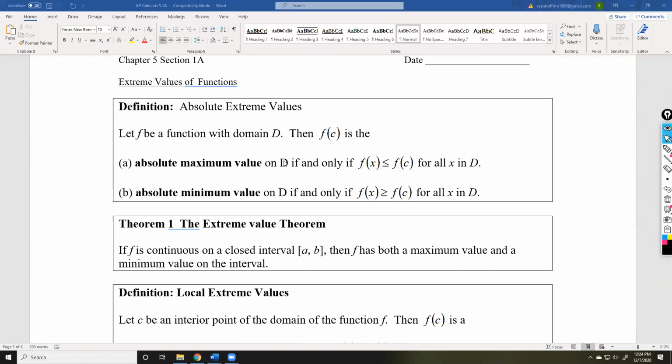The definition says we have a maximum value if and only if f of x is less than or equal to f of c for all x in D. What that means is that, remember, whenever you see f of x or f of c or f of something, you should be thinking about y values.